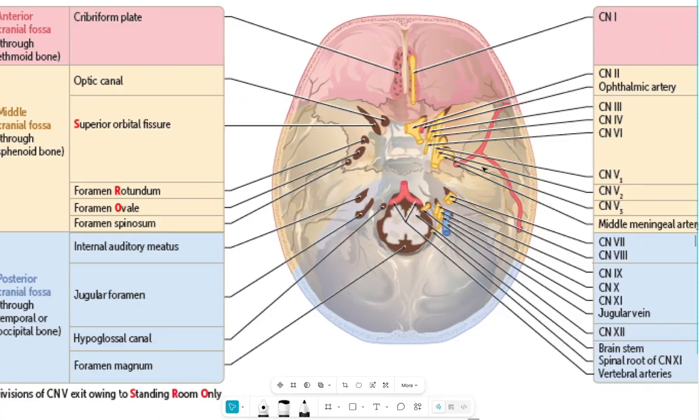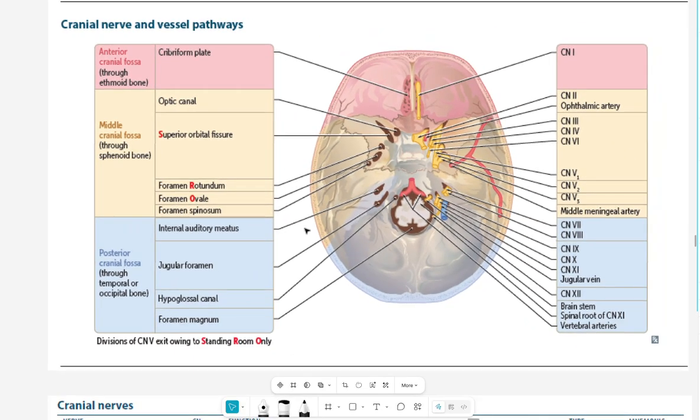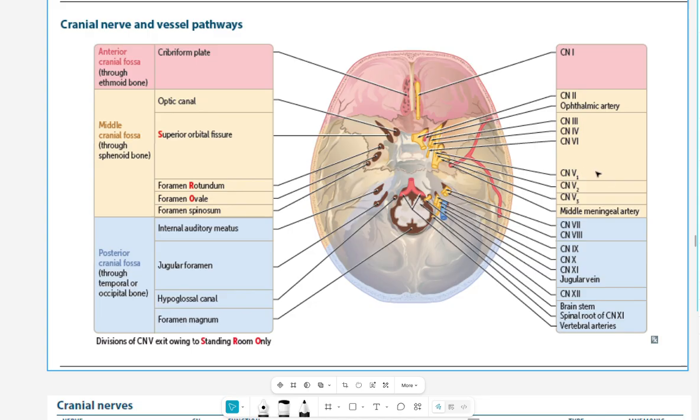Foramen rotundum basically lodges your second branch of the trigeminal nerve. The foramen ovale lodges your third branch of the trigeminal nerve. Let me just tell you that the first branch was the ophthalmic nerve, the second branch was the maxillary nerve, and the third branch was the mandibular nerve.